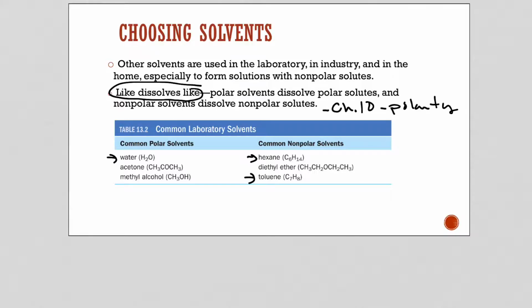And so when we go to clean up an oil spill on our garage floor or something, we don't try to clean it up with water. We either have to put soap in that water, as we talked about in chapter 10, how the soap allows the non-polar materials to dissolve in the polar solvent, or we need to use a non-polar solvent, like hexane, or what you might find in the store as something like mineral spirits or paint thinner. These are different forms of non-polar solvents.